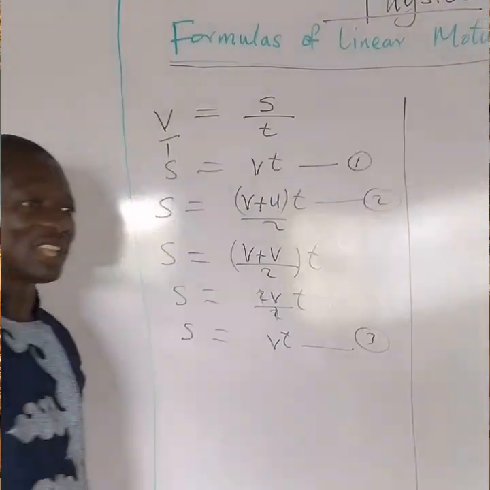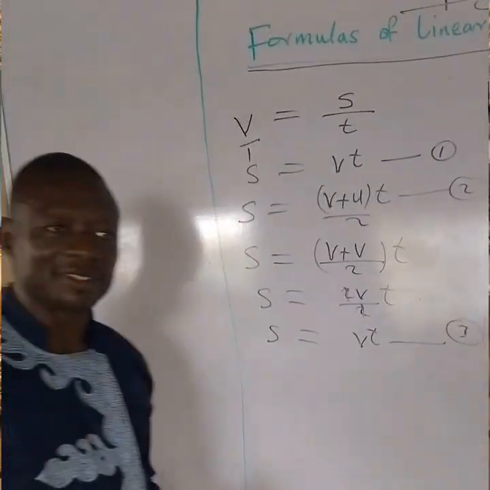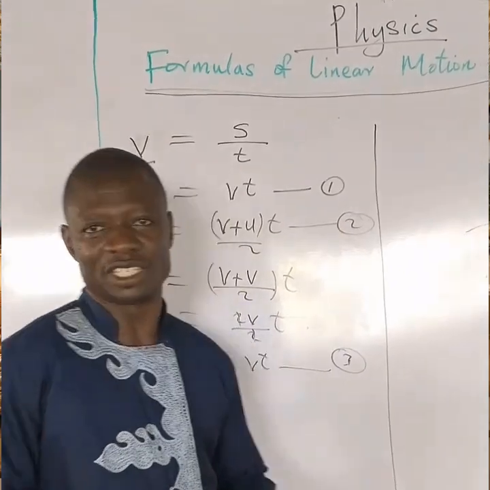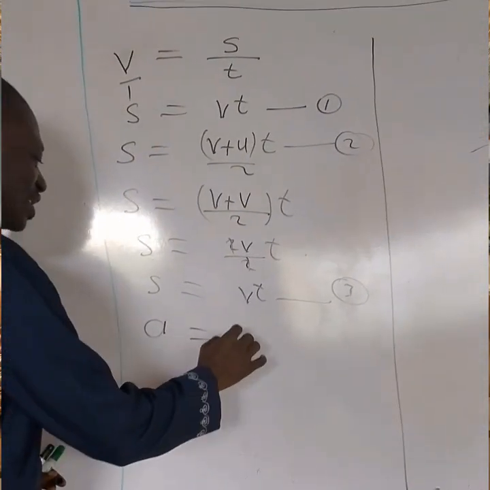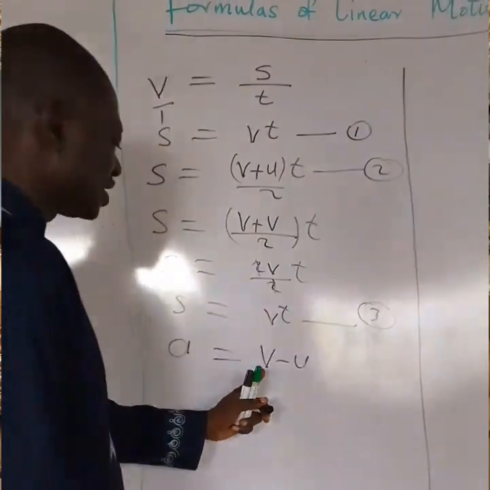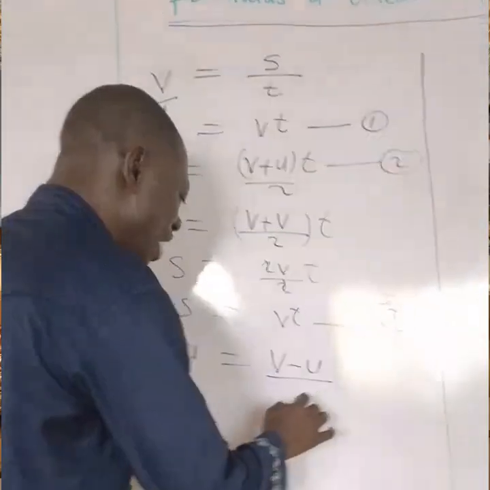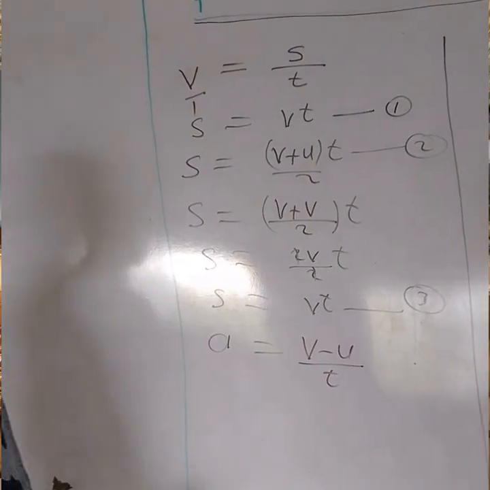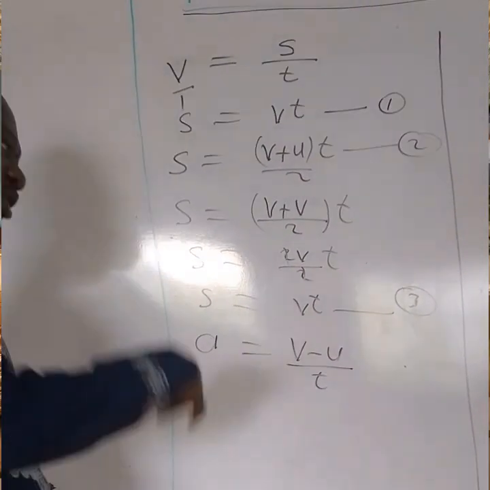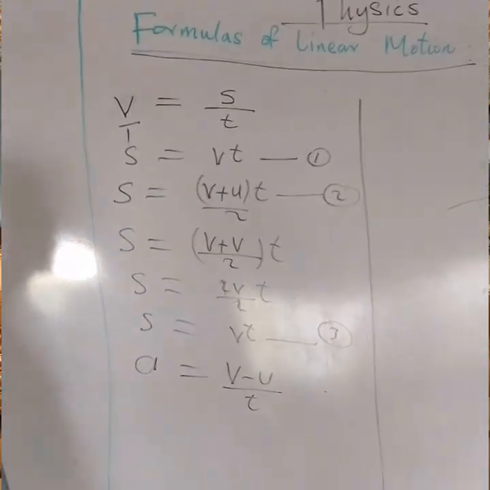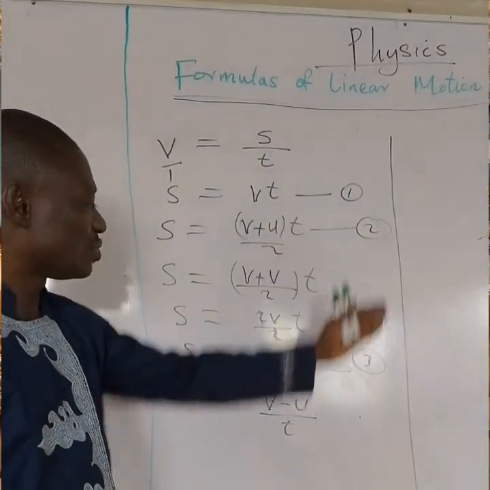Very good. Now, I believe you also remember that acceleration is the rate of change of velocity with time, which means that acceleration A is equal to V minus U, final velocity minus initial velocity over time. From what we have here, we can continue to change this formula and get more formulas apart from 1, 2, 3.